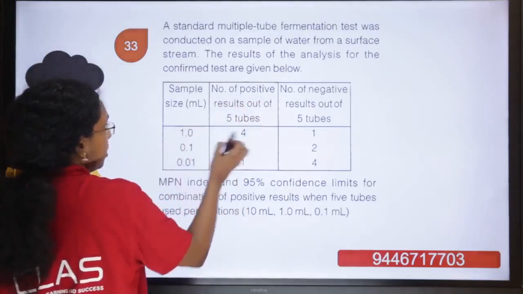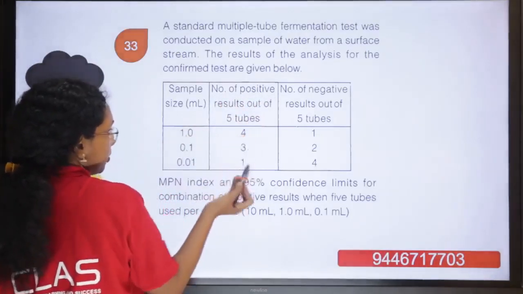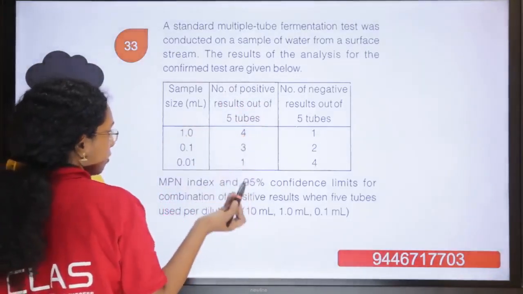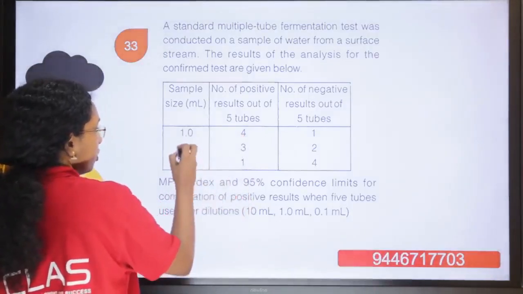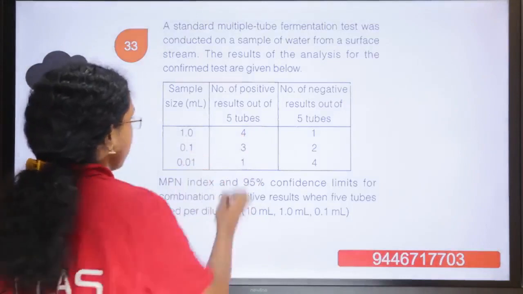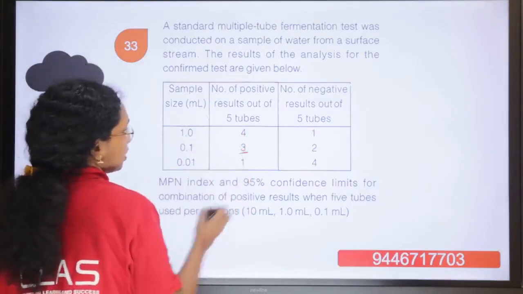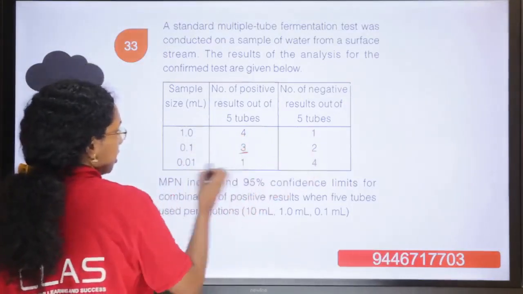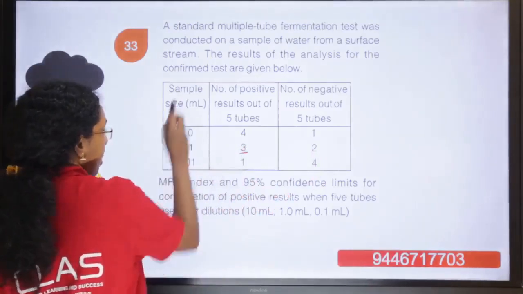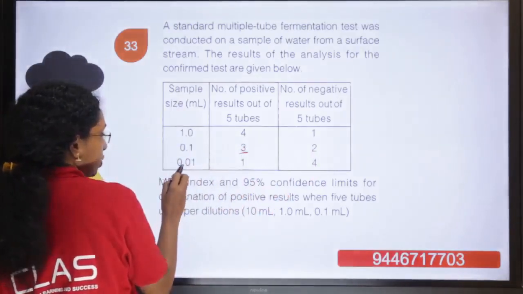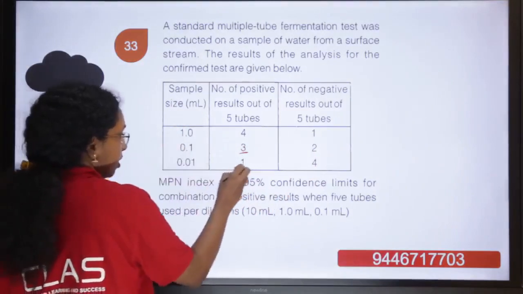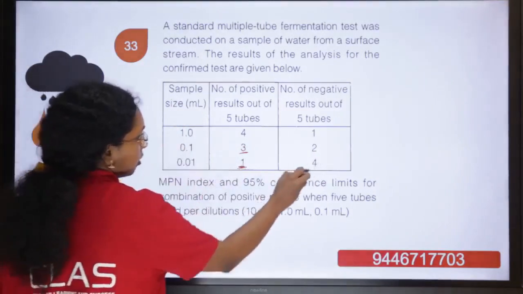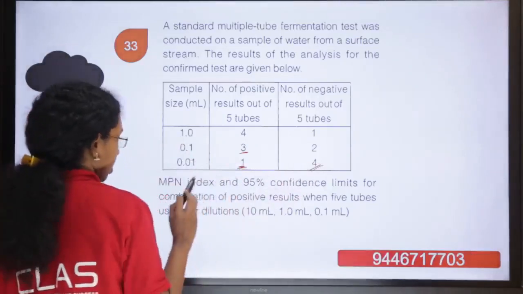For 1 ml, 4 of them turned out positive, that is, the presence of bacteria. For 0.1 ml, 3 became positive and 2 negative. For 0.01 ml, out of 5 test tubes only 1 turned out positive and the rest were negative.